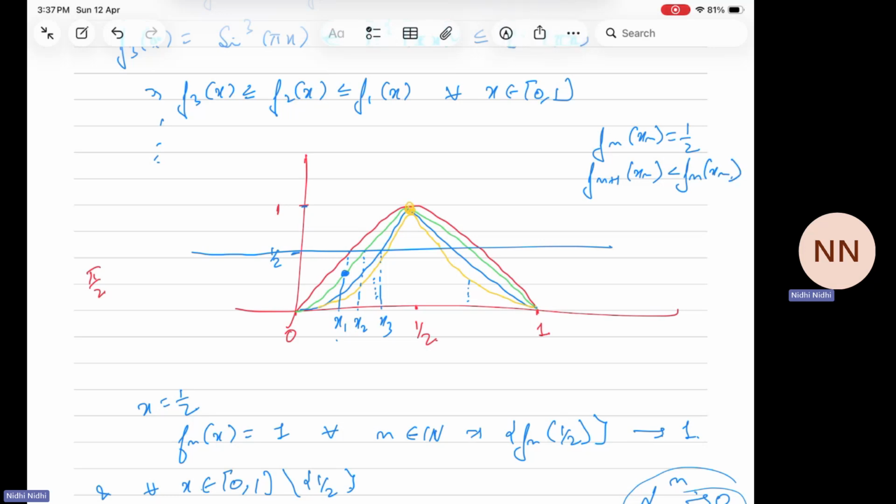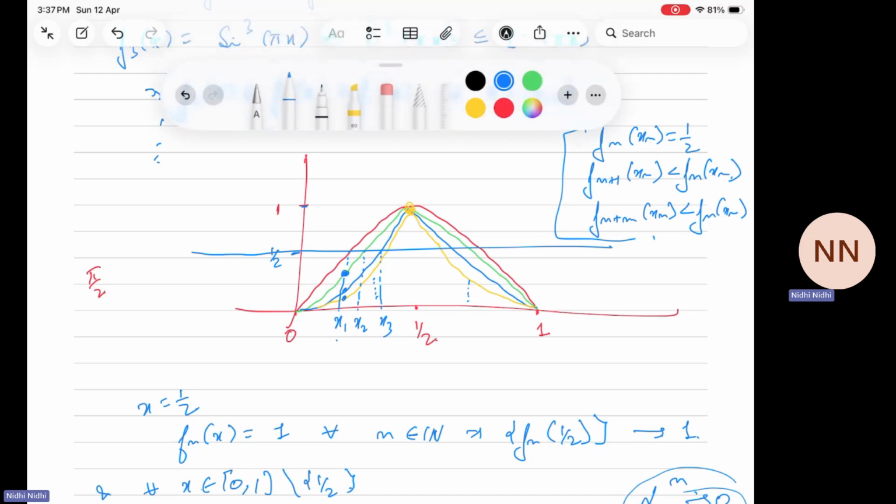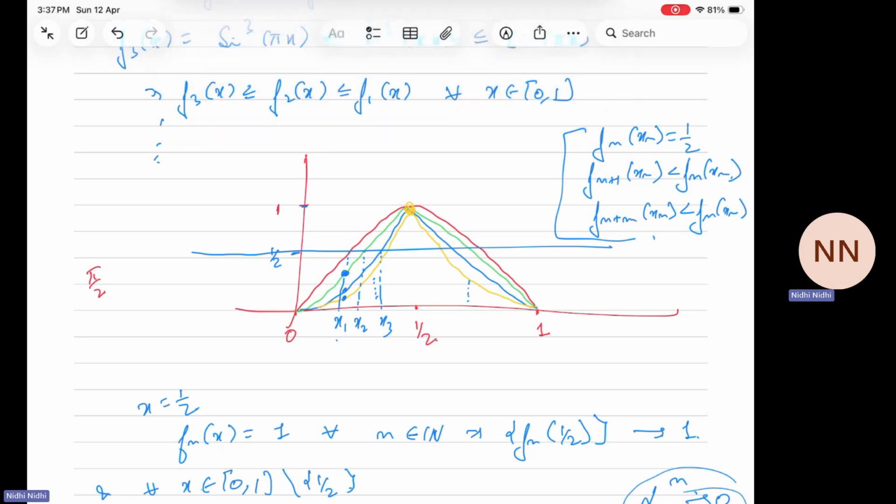In fact, all other Fn's after that will be less than Fn at xn. I hope this is clear. See, at x2, we know that the function f2 attains 1 by 2.